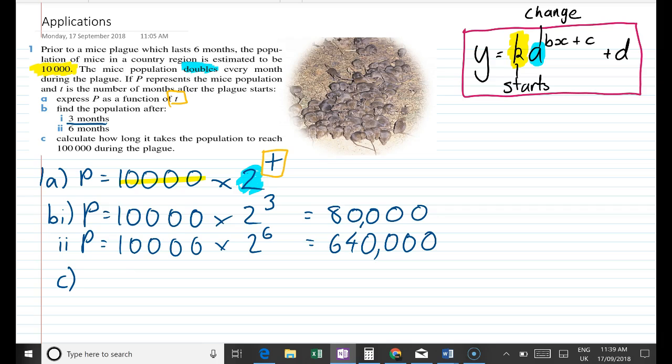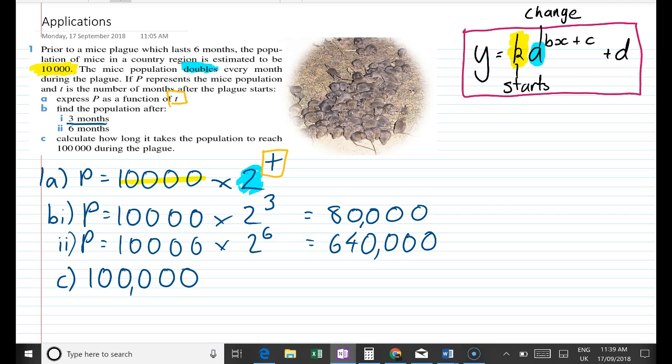What I'm going to have to do is calculate how long it takes to make 100,000. So what I'm going to do is chuck 100,000 down the bottom, and I'm going to put that in the position of P, because I know what P is, my 100,000. I want to work out T.